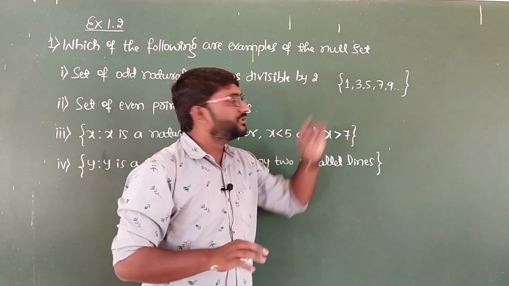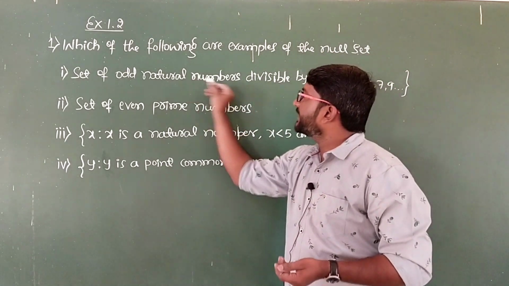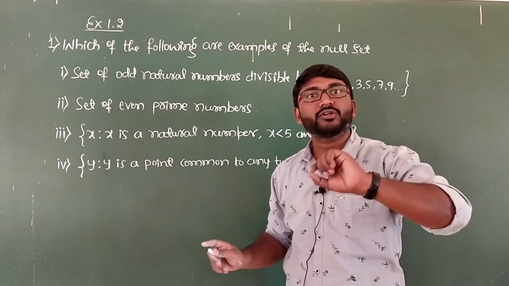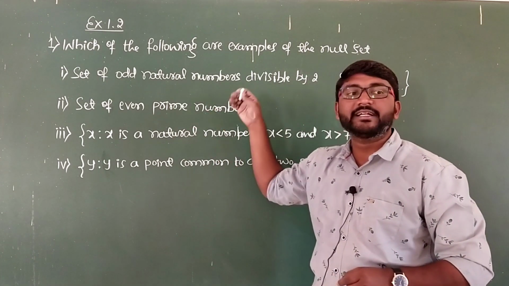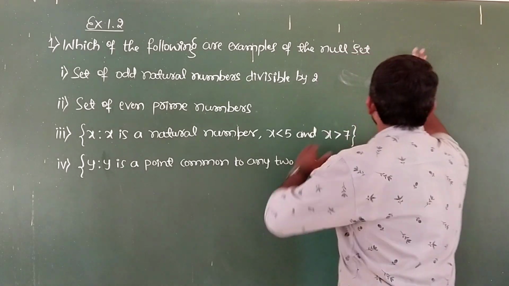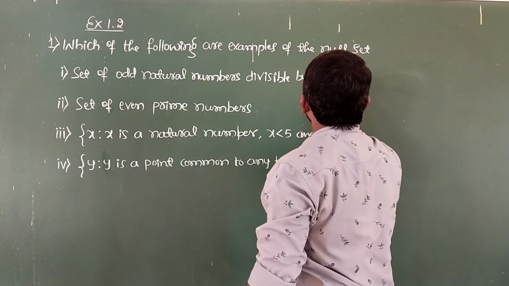Odd natural numbers are not divisible by 2, therefore this set is a null set. This set has no elements, that is why it is a null set.